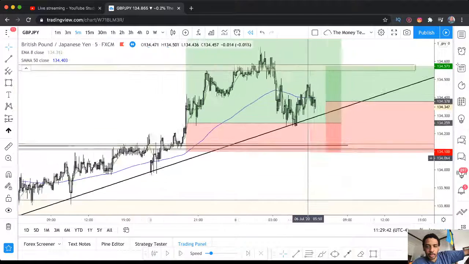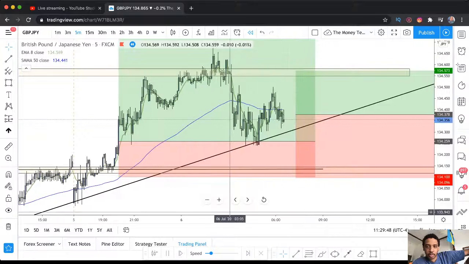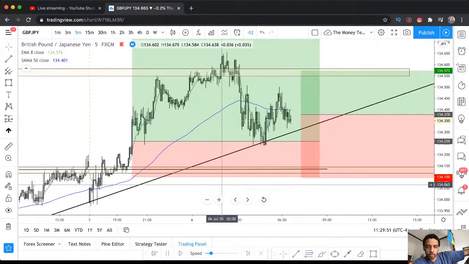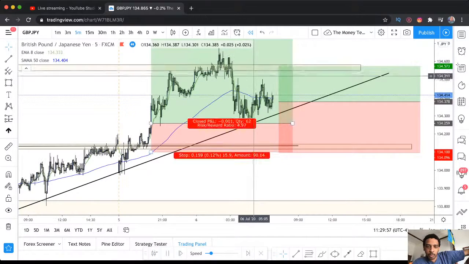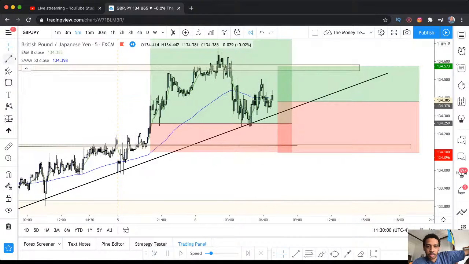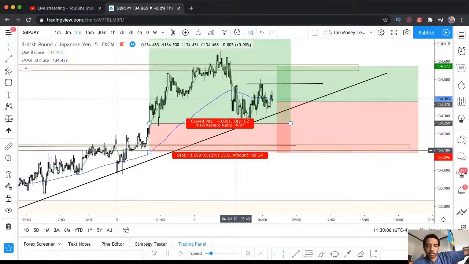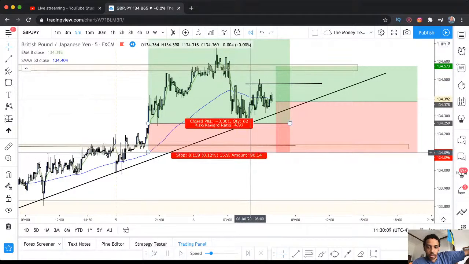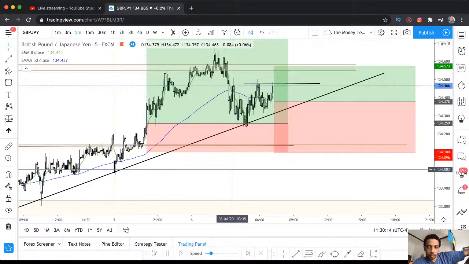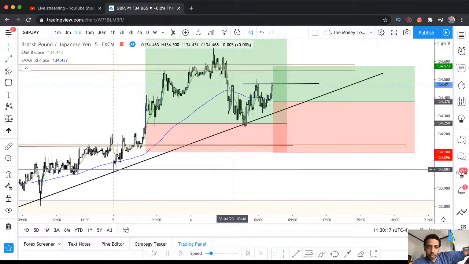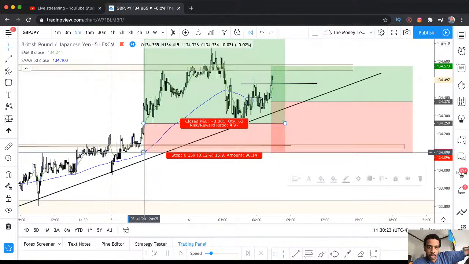Just think of it as I didn't put my stop in the break even yet, because we're still in the iffy area. I want to see price push above here first. Okay, see, that's a good sign. Probably close above this area right here. Stop going to break even. Price is playing. There we go. Like I said, price goes above there. That's my plan, I can follow my plan.